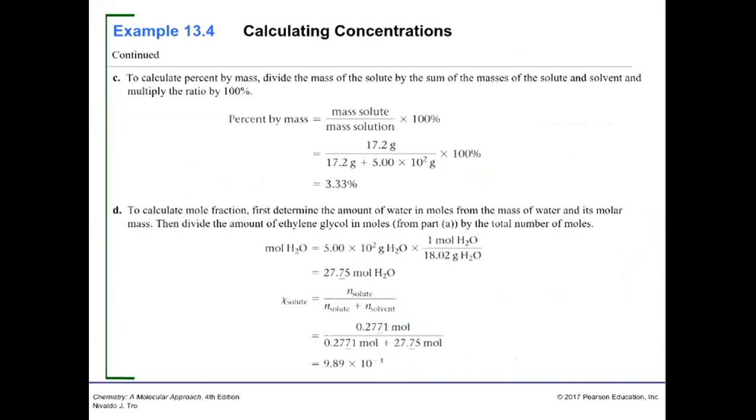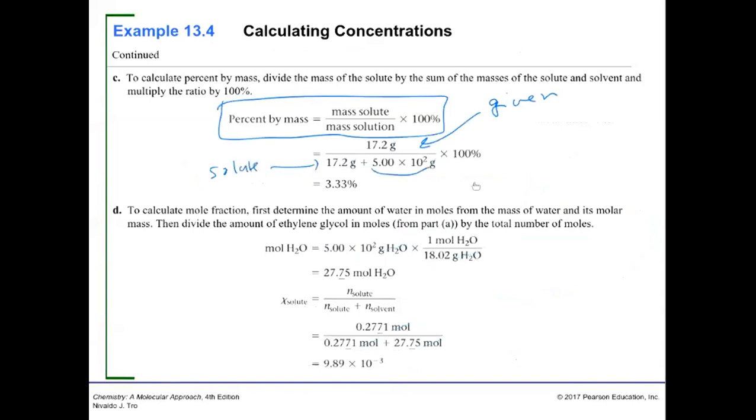Here we have an example calculating mass percent. In this case, the mass of the solute was given, so we want to make sure you know this definition. On the bottom, to get the mass of the entire solution, they have the mass of the solute plus the mass of the solvent, because they told us how much the water weighed.